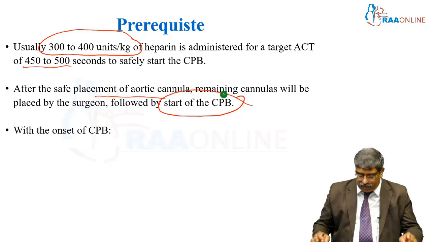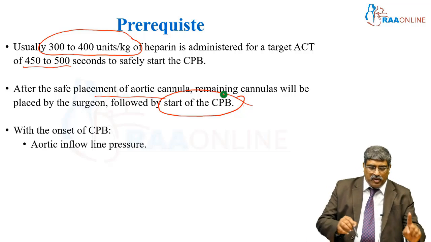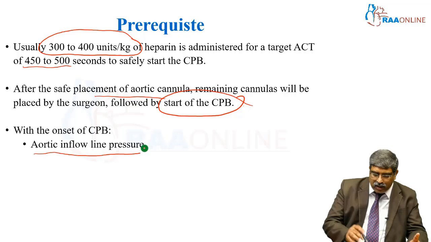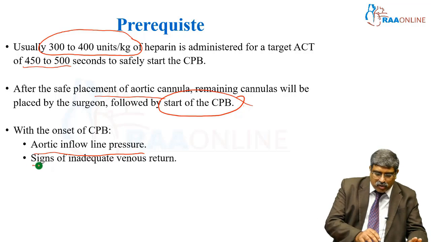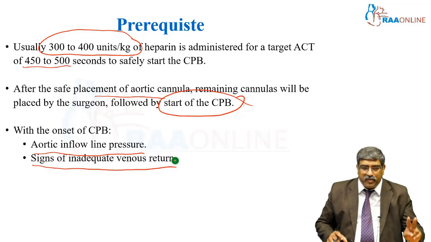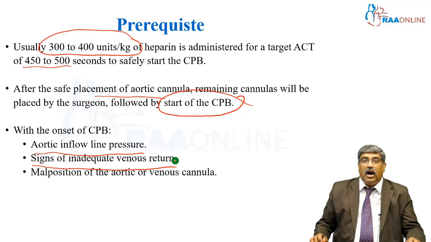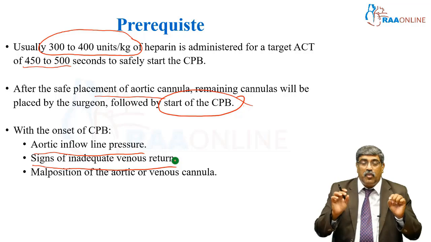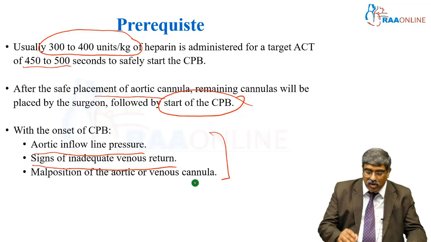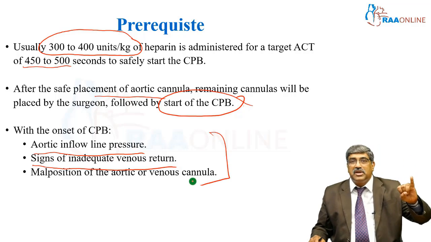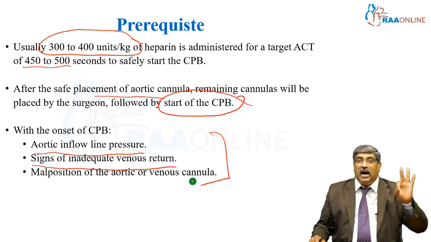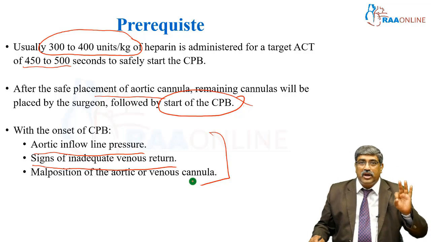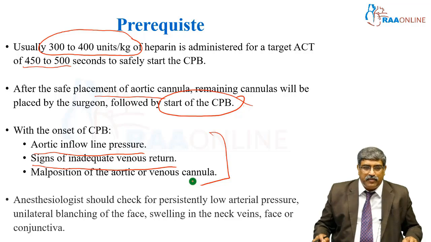With the onset of cardiopulmonary bypass, you should look at the aortic inflow pressure. There should not be any sign of inadequate venous return, and the aortic and venous cannulas should be in proper position. These three things you should look at: the aortic inflow pressure, venous return, and the position of the aortic and the venous cannula.